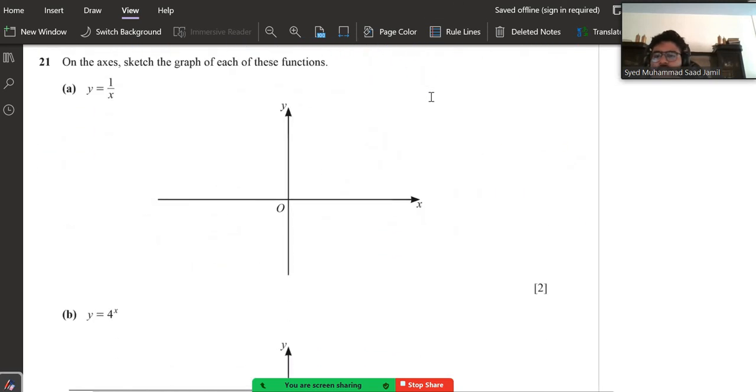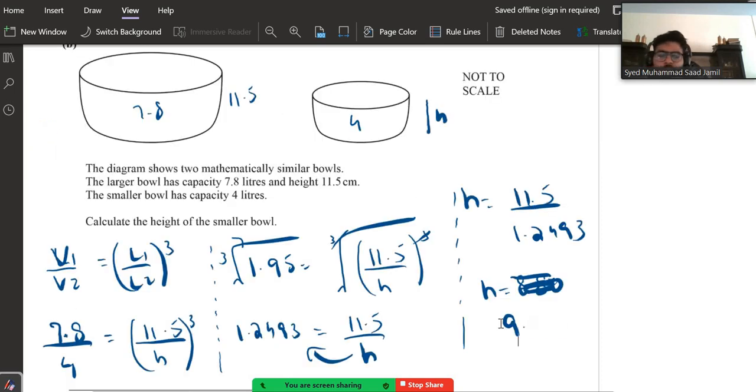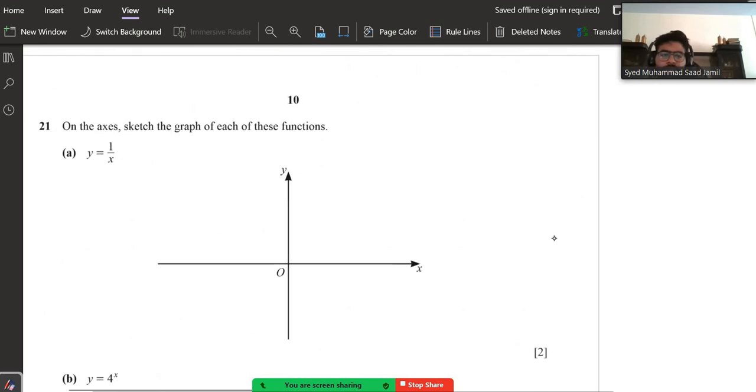Moving on to the next question, it says on the x-axis sketch the graph of each of the following functions. Really easy, just assume the values. Alright, in order to make a graph, just write x and y and just assume values. Let's assume values -1, 0 and 1.